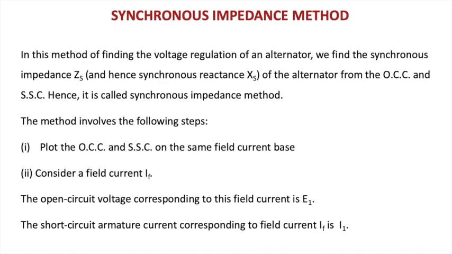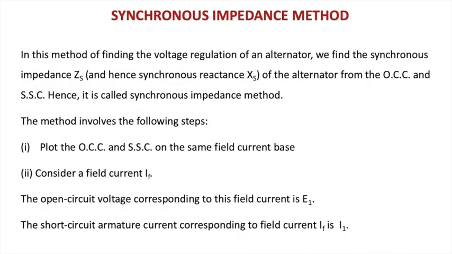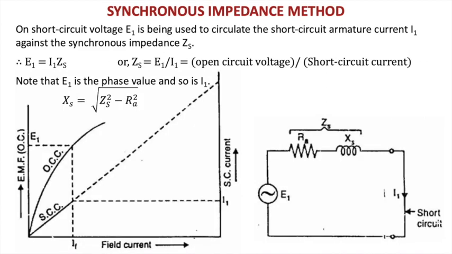Now we'll come to the individual methods of calculating the voltage regulation. For the calculation of the voltage regulation, we'll have the plot of OCC and SCC, that is, the open circuit characteristics and the short circuit characteristics, taken at the same field current.